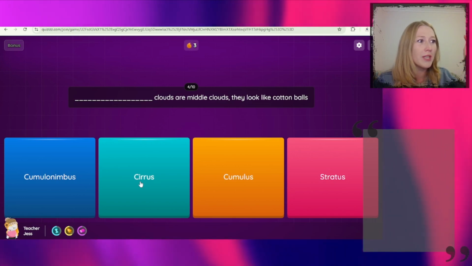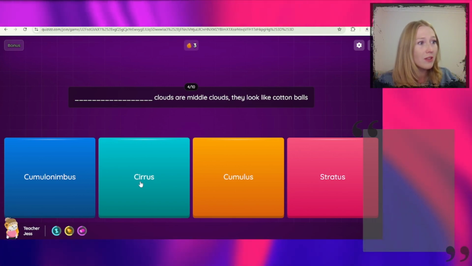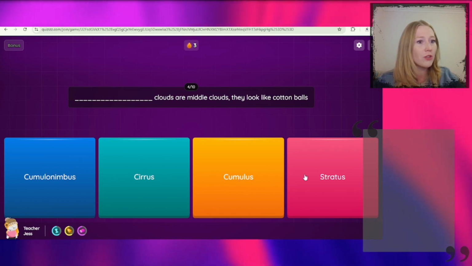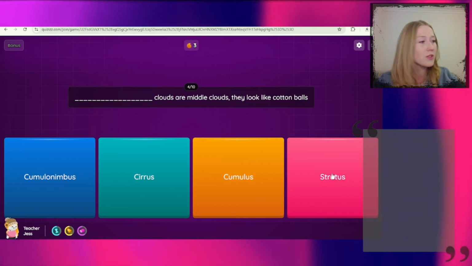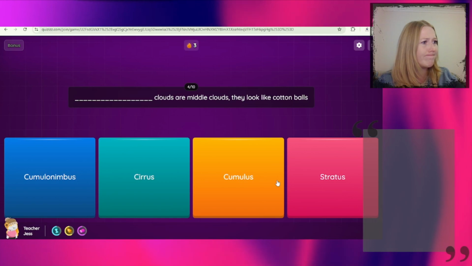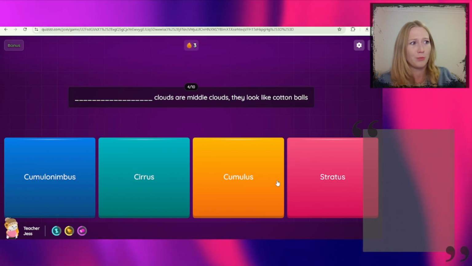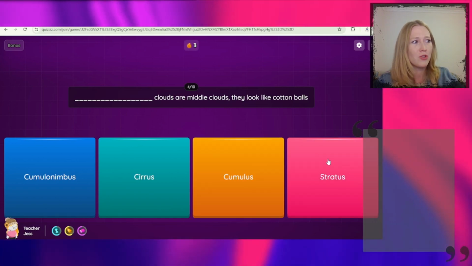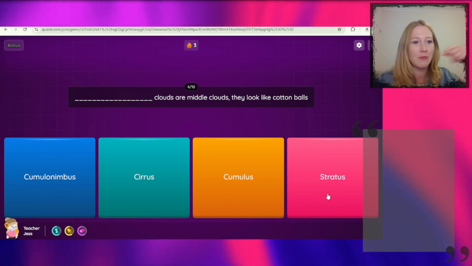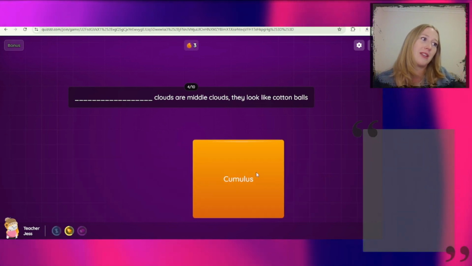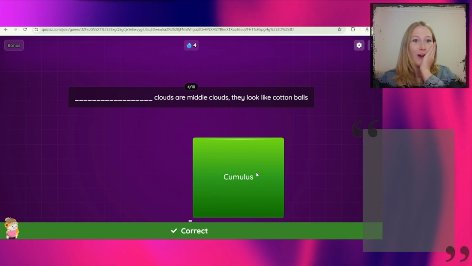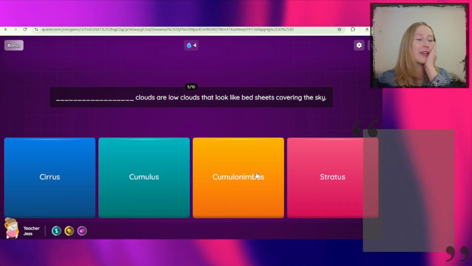Fluffy cotton balls, I would assume cumulus. I know that cumulus, stratus. Oh, stratus can also have those little fluffy type of clouds. I'm gonna go cumulus. Yes. Oh, okay. Whew.